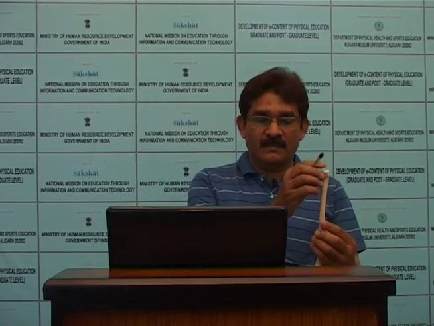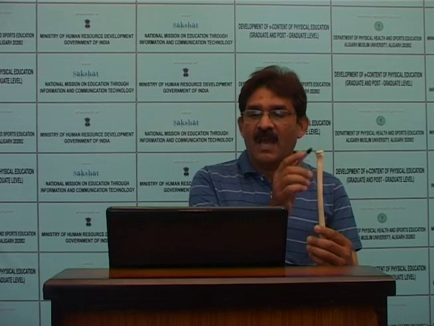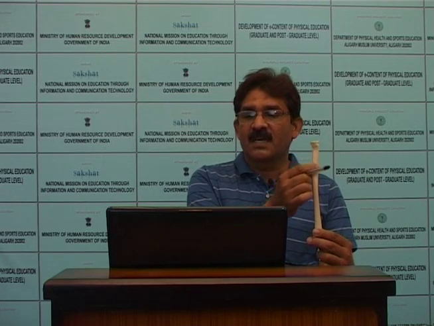Now we can discuss the radius. It has an upper end: head of the radius, and this is the neck of the radius, radial tuberosity. This is the radial tuberosity and articular circumference, shaft, interosseous border. This is attached with the interosseous border.